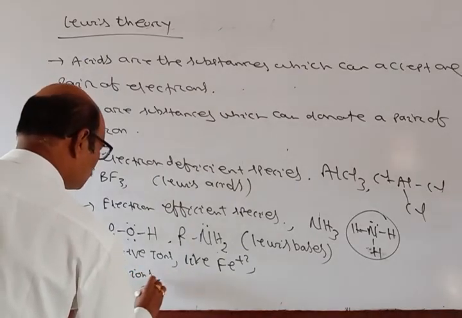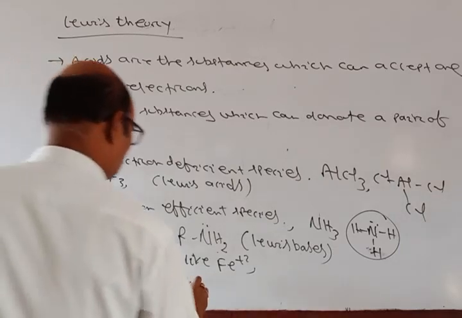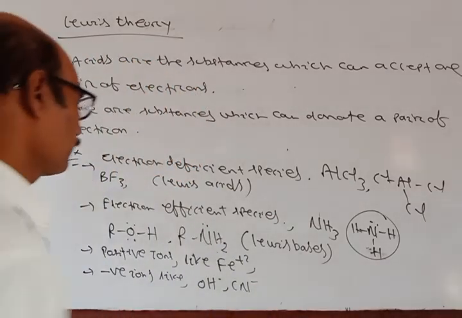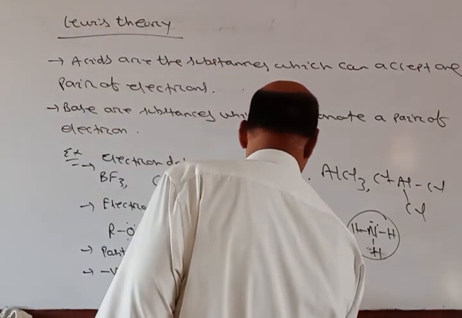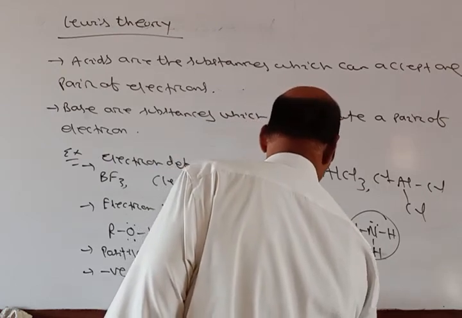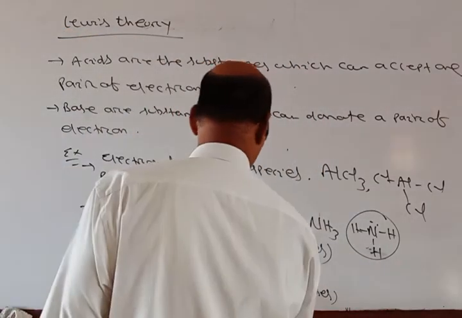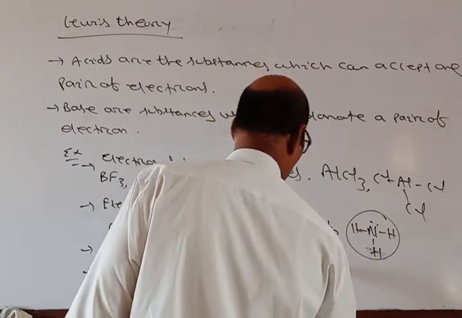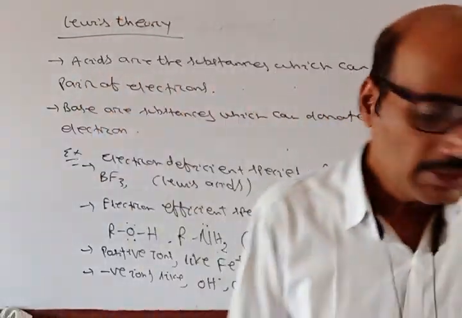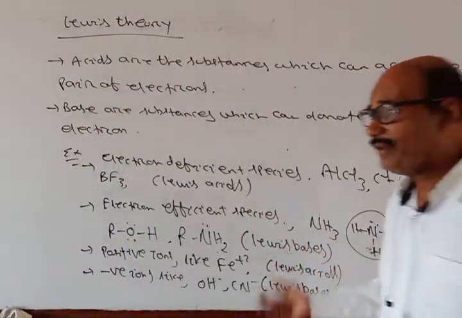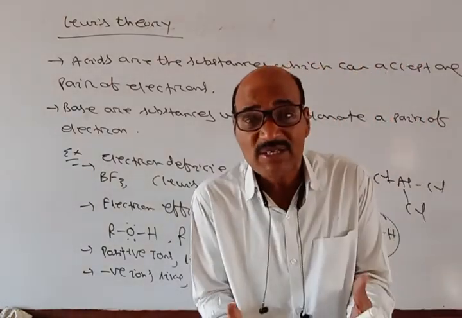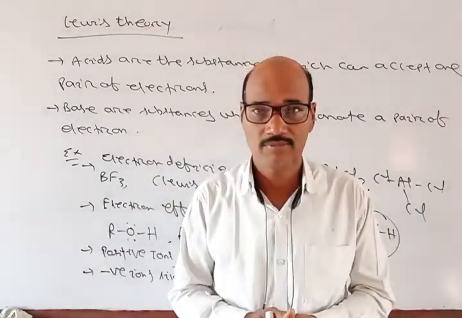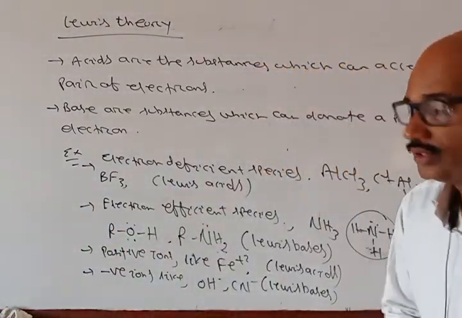Negative ions like OH-, Cl- are Lewis bases. In addition to this, we also have compounds containing multiple bonds of different electronegativity, like carbon dioxide, which is also a Lewis acid.